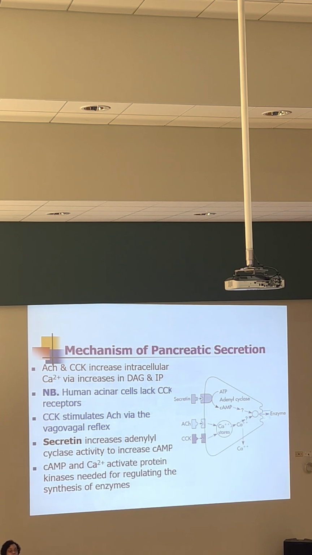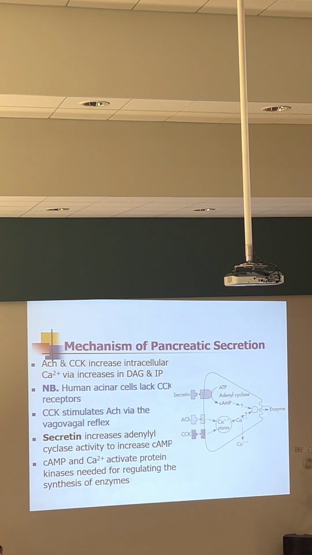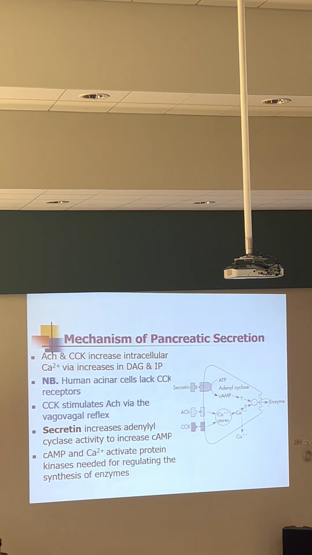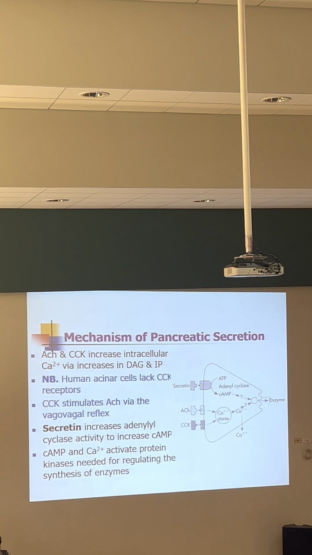So it's cyclic AMP and the intracellular calcium that will increase, and these are the second messenger systems that will either open the CFTR chloride channels, increase protein kinase, increase protein synthesis, and allow channels to form, taking care of the mechanisms for both the electrolytic and the enzymatic secretion.